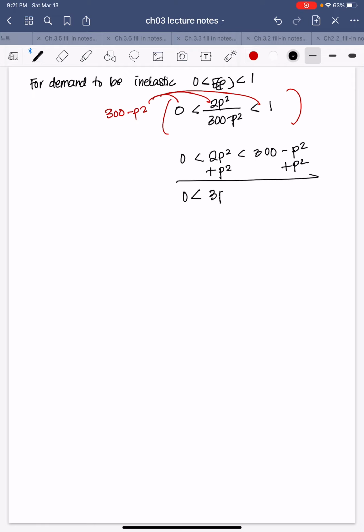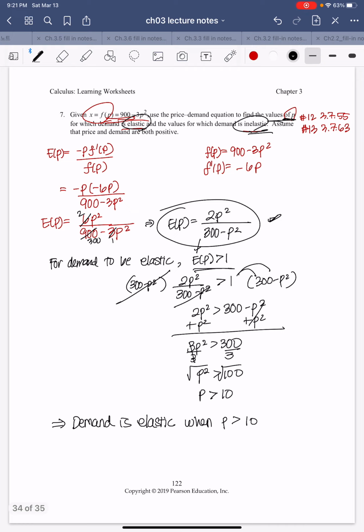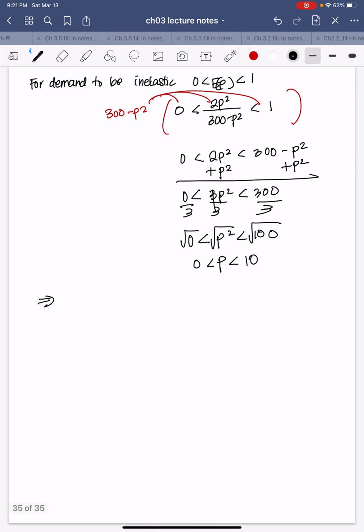We get 0 less than 3p squared, and then less than 300, divided by 3. I get 0 less than p squared less than 100. So I'm going to square root the entire inequality. P is between 0 and 10. So anything with p greater than 10, we get elastic. Any p-value between 0 and 10, we get inelastic.